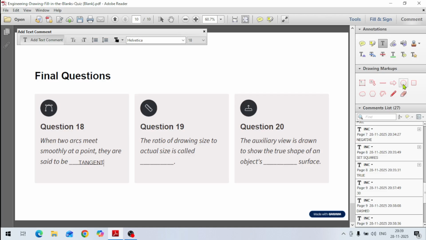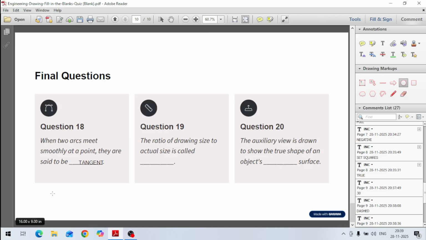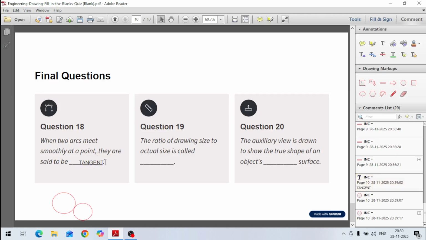If I draw an arc like this, and again draw one more arc and say it touches at some point, so these are tangent. Two arcs meet smoothly at a point, that point becomes a tangent point.